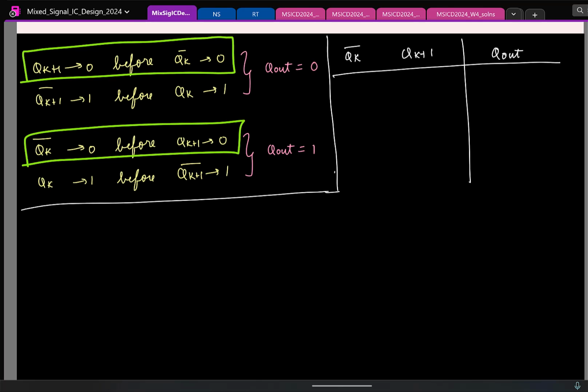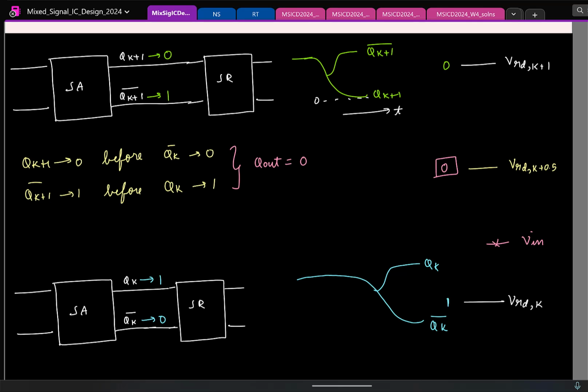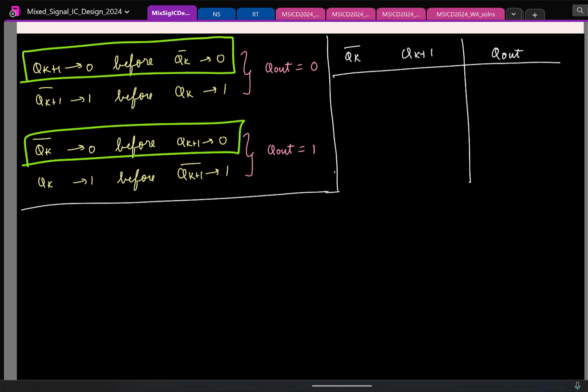So I'm not going to be very strict in this. All that means is, when Qk plus 1 goes to 0, the other signal is close to logic 1. This is going to 0, but loosely the other signal is close to logic 1. When this happens, Q goes to 0.